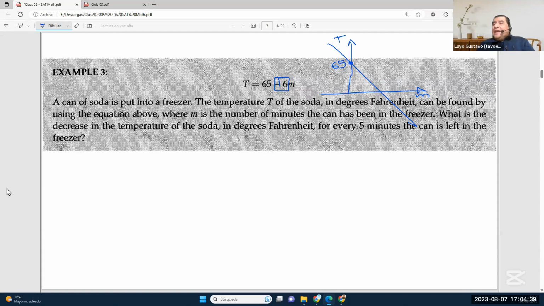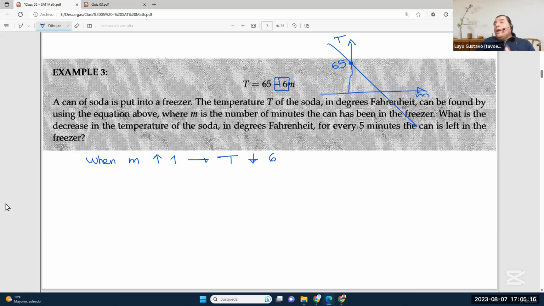And what does the -6 represent? It is the decrease in degrees in temperature for every minute, right? That's what we said. We established this rule or law, if you want. When M increases by 1 unit, then T, in this case, because it is a negative slope, decreases by 6 degrees.